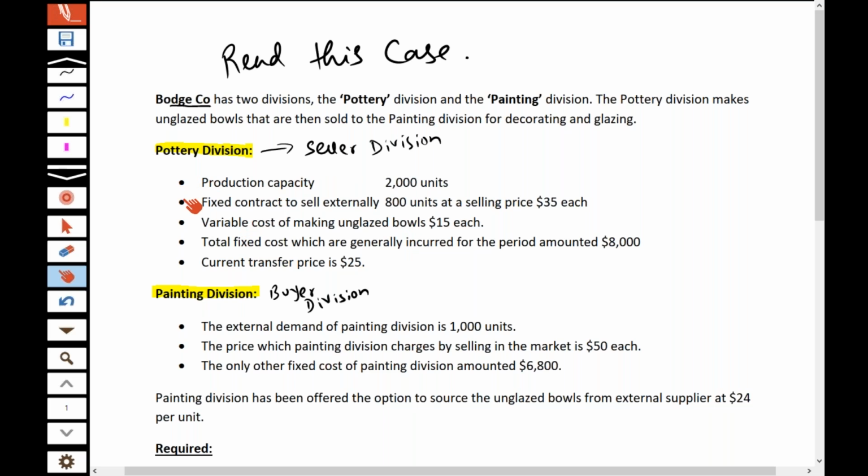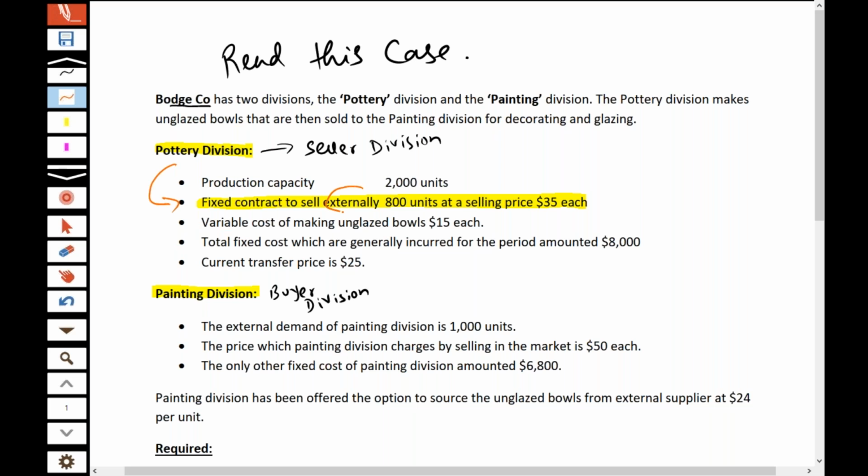Now these 5 bullet points are relevant for the pottery selling division. Number one, production capacity is 2000 units. Fixed contract, this is something notable here. Fixed contract to sell externally 800 units at a selling price of $35 each, which means that the pottery division had made a contract somewhere, we don't know.